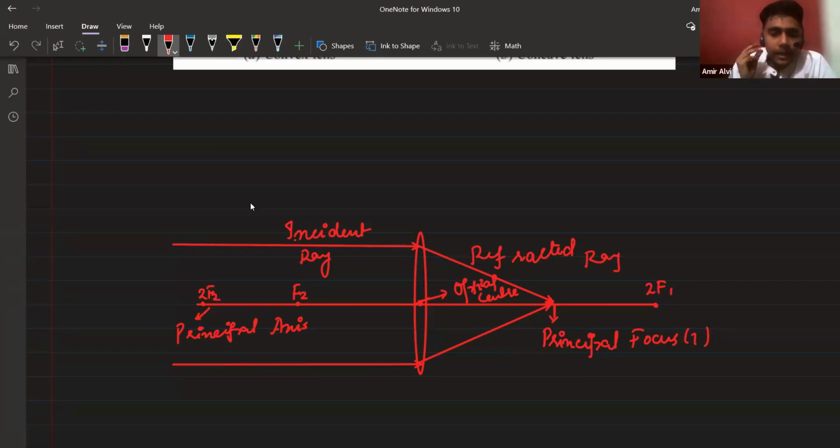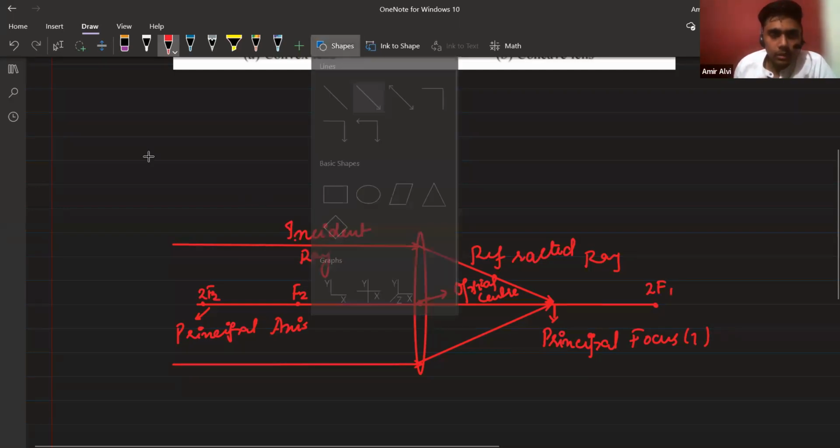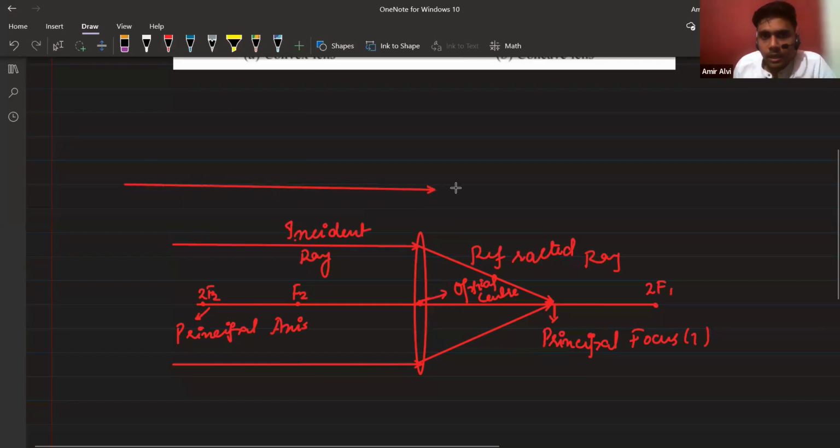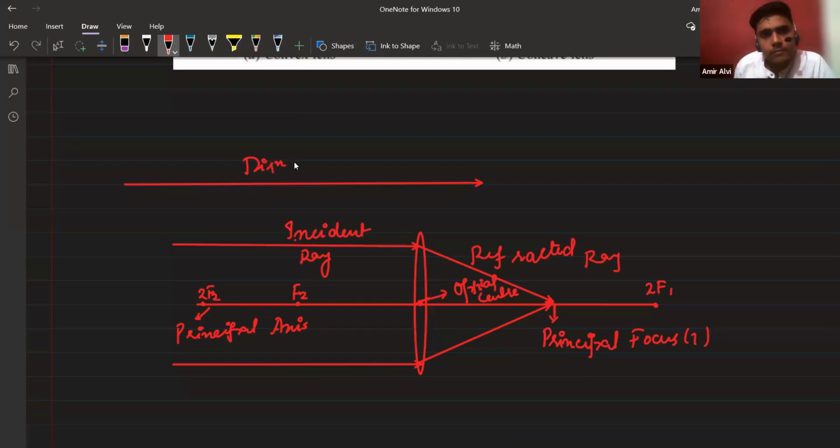Now let's take the sign convention. The light ray is moving in this direction, this is the direction of light.